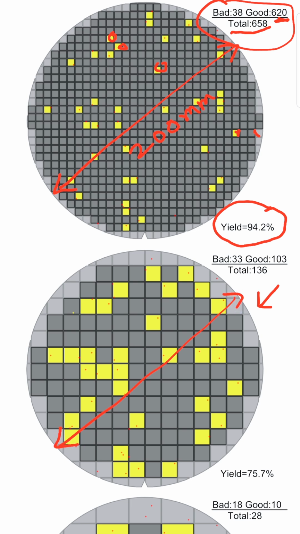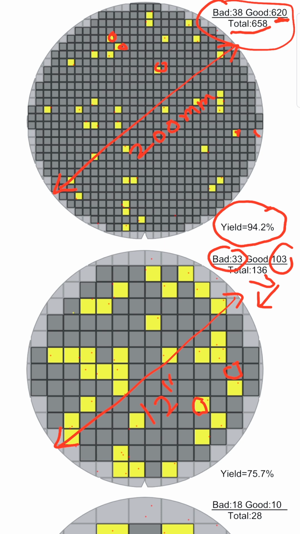If you look at the picture in the second category, again, let us say the diameter of this silicon wafer is 12-inch or 300 millimeter, and the yellow boxes represent the number of bad silicon dies and the gray ones represent the number of good silicon dies. So here out of total 136, bad ICs are 33 and good ICs are 103.